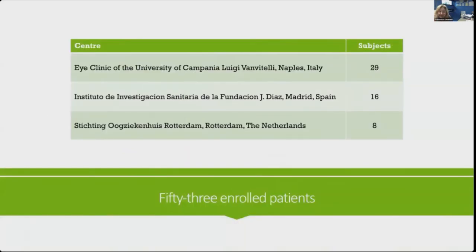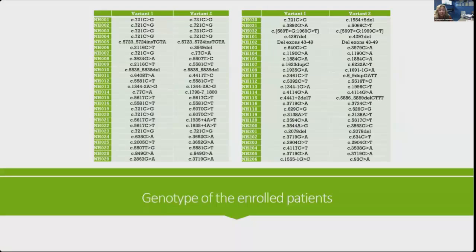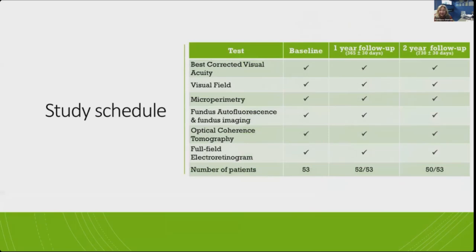We enrolled 53 patients, 29 in Naples, 16 in Madrid, and 8 patients in Rotterdam. All patients showed mutations in both alleles of myosin 7A gene, as you can see in this table. This is the study schedule.